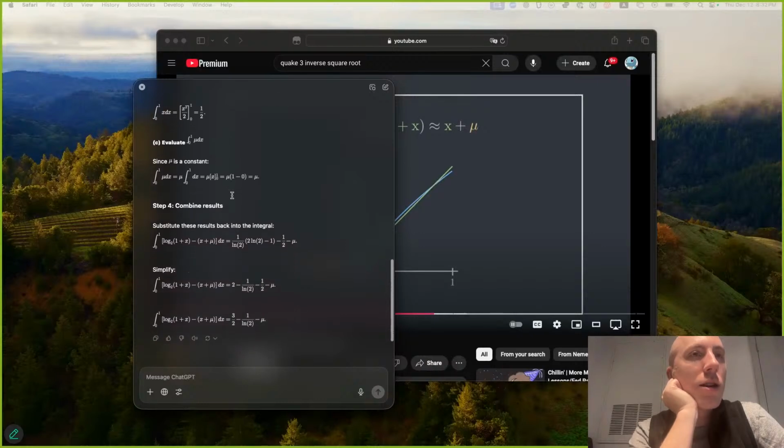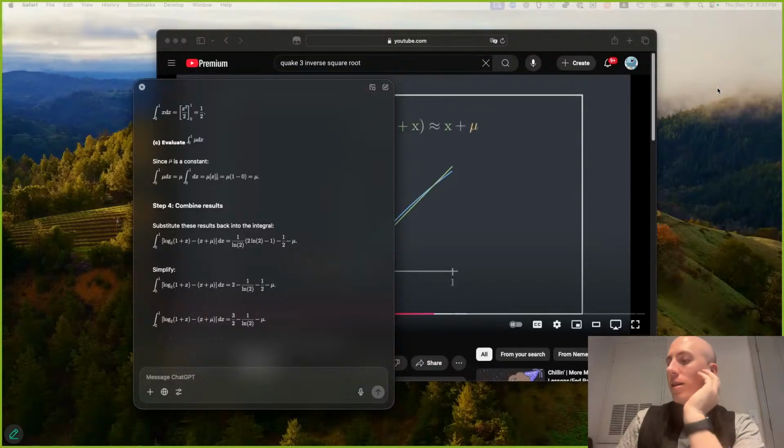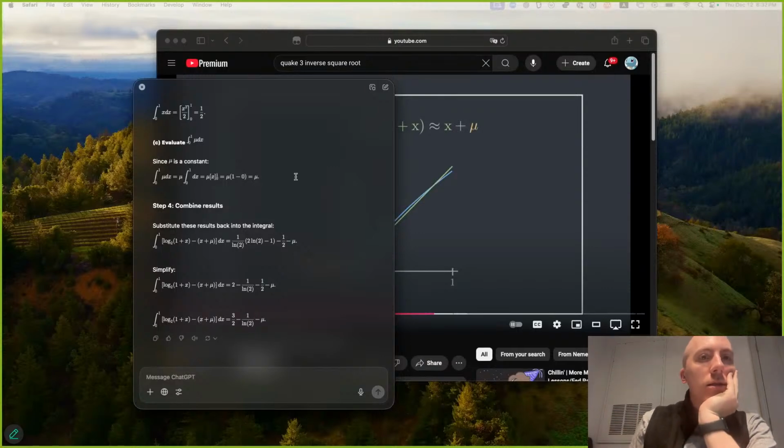Oh my, this is crazy. Simplify. And finally it's saying it's equal to 3/2 minus 1 over the natural log of 2 minus u. Wow, that's crazy. So, all right, there's a closed form for it.